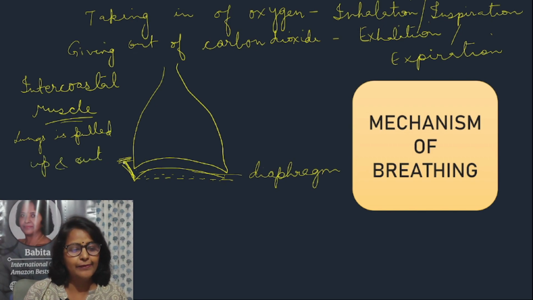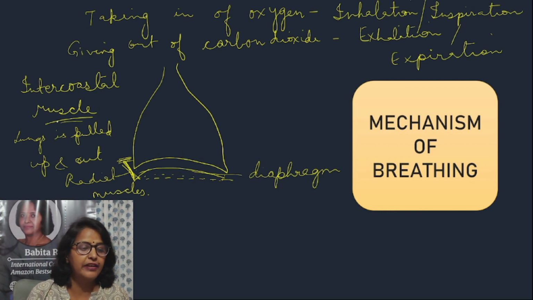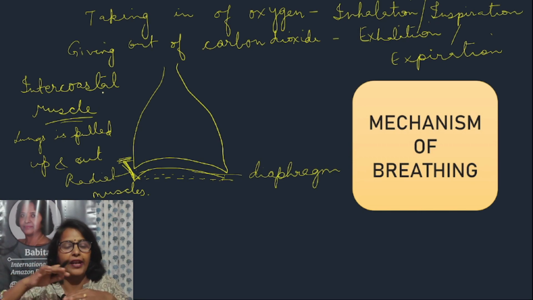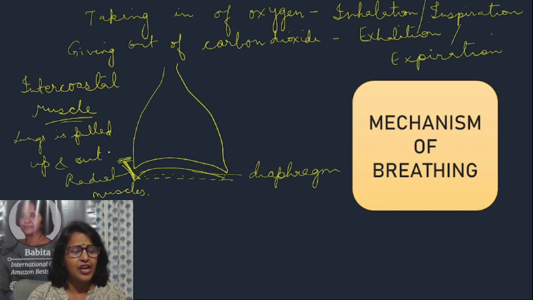These are known as radial muscles. When radial muscles contract, diaphragm becomes flat, because of which volume of lung increases, and when these muscles contract, the rib cage is pulled up and out, because of which again the volume of lung increases. So what happens because of contraction of these muscles is that the volume of lung increases.